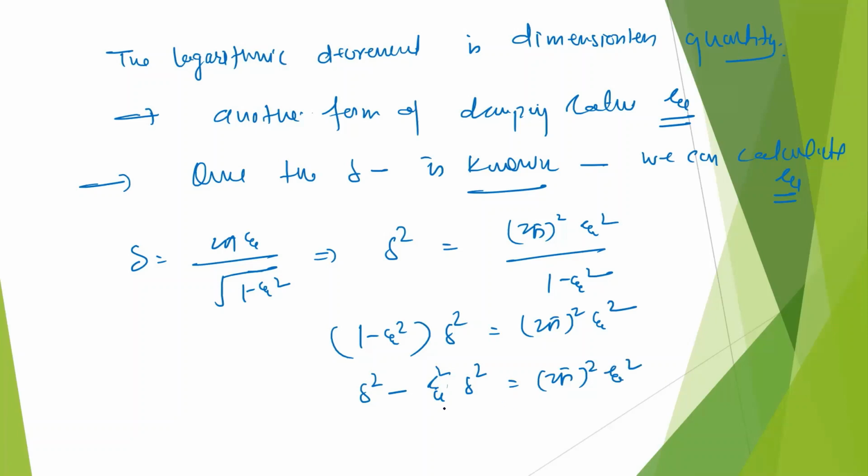If we take these two terms on one side, delta square equals zeta square times the quantity 2 pi square plus delta square. Taking zeta square as common and then the square root, zeta equals delta over the square root of 2 pi square plus delta square.